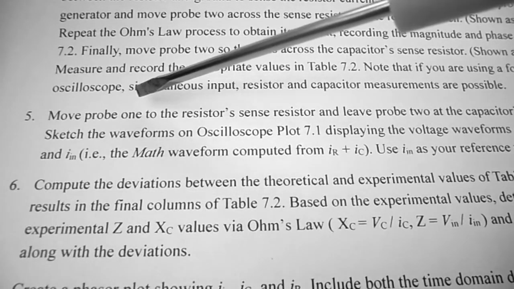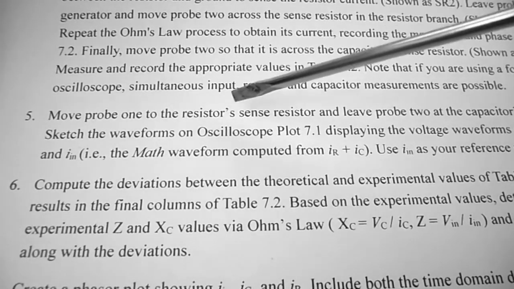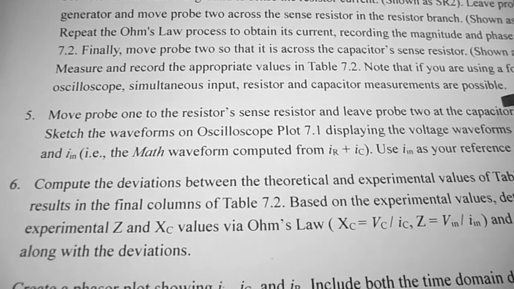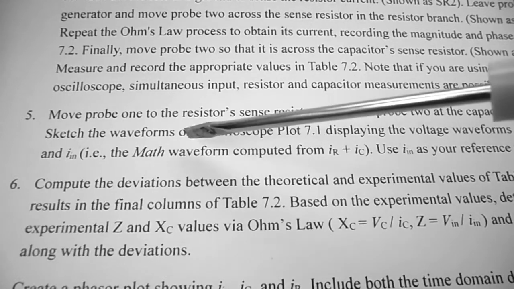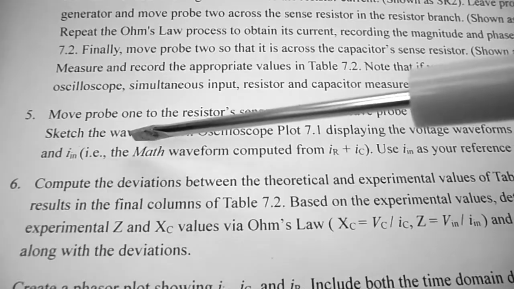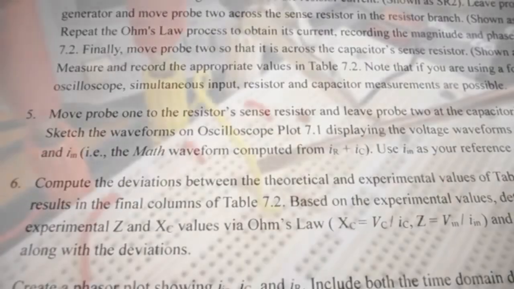Now in step 5, what they're asking you to do is move probe 1 to the resistor's sensing resistor, leave probe 2 at the capacitor's sensing resistor, use the math waveform to calculate IN, and then sketch this waveform using IN as your reference waveform.